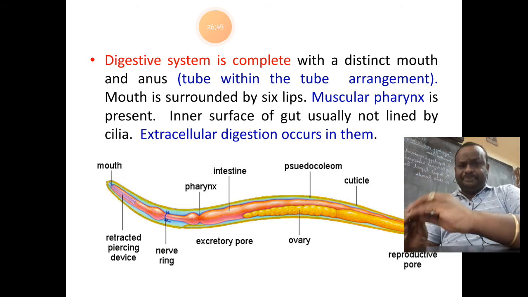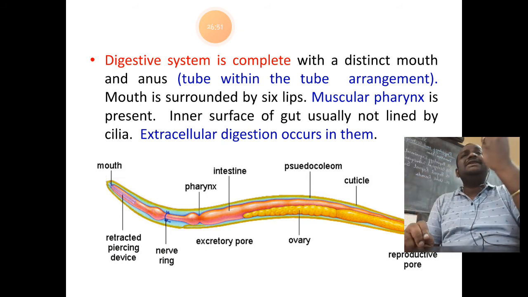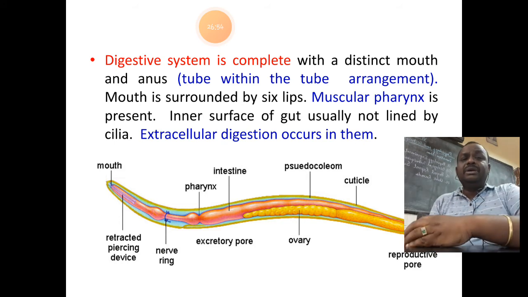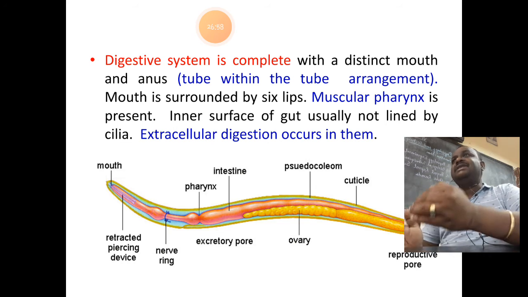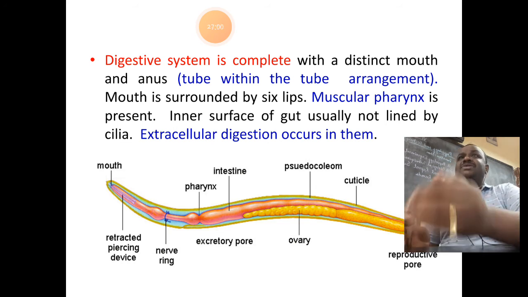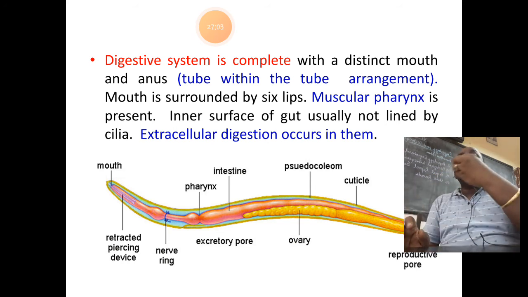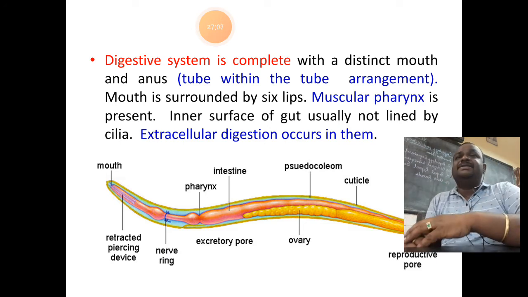And it shows sensory structures in their mouth, which are referred to as the lips. In a few cases, the number may range between 2 to 6. The next important part behind the mouth is the pharynx.